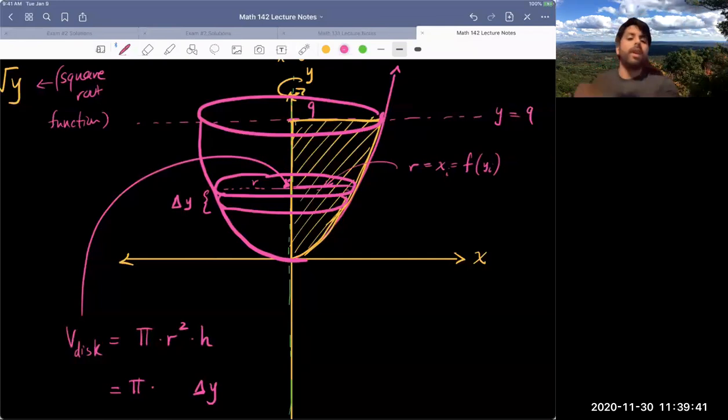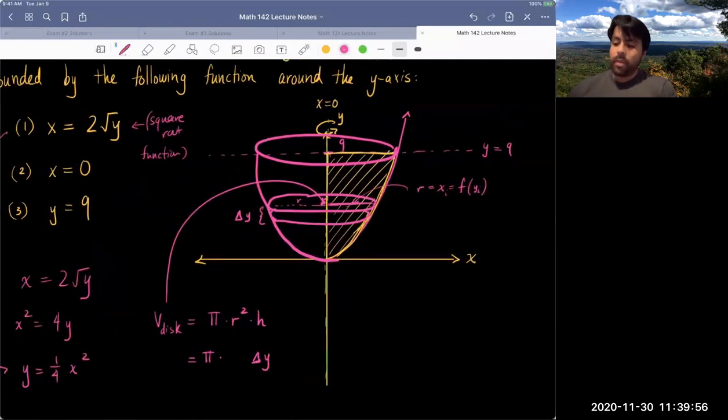In this case, it's switched because our axis of revolution is no longer the x-axis, it's the y-axis. It's the same thing, just switched. Do you guys understand that? And don't we know what that is? We already have our x coordinate as a function of y.